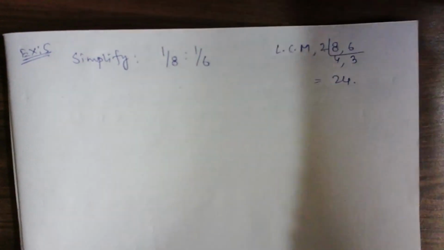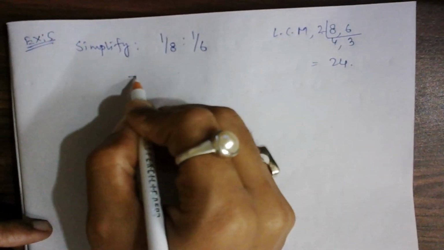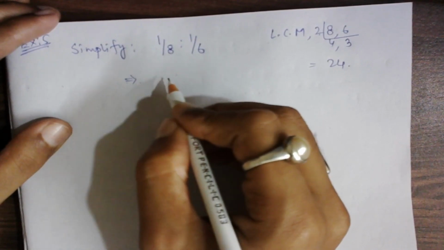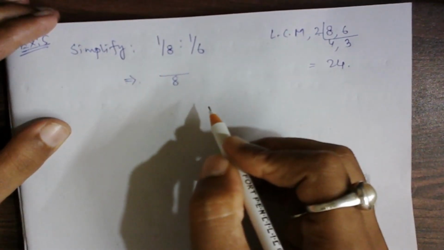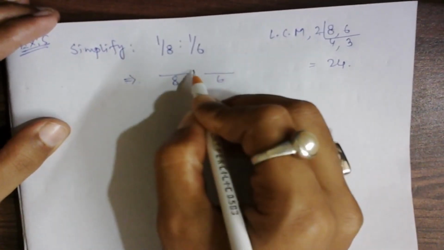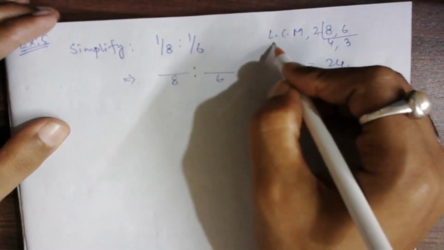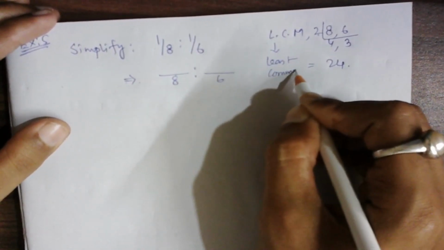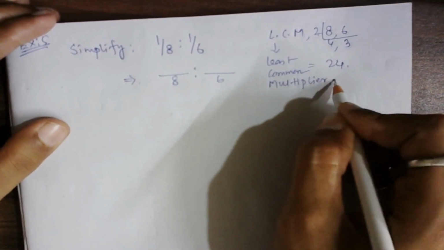So if we calculate the LCM here, suppose in that particular ratio we have 8 below this and 6 below this. We have 2. So the common multiple is 24. So you can say the least common multiple, correct? That is the meaning.